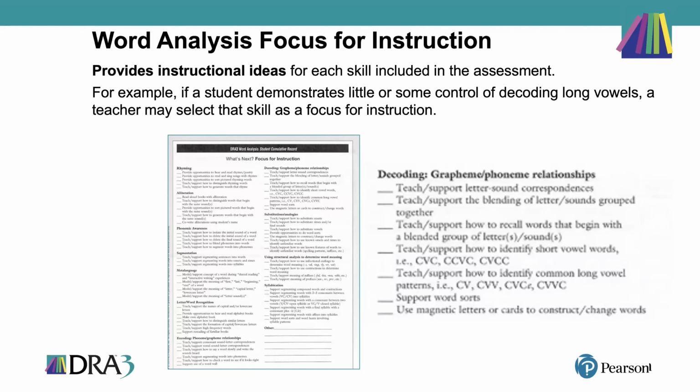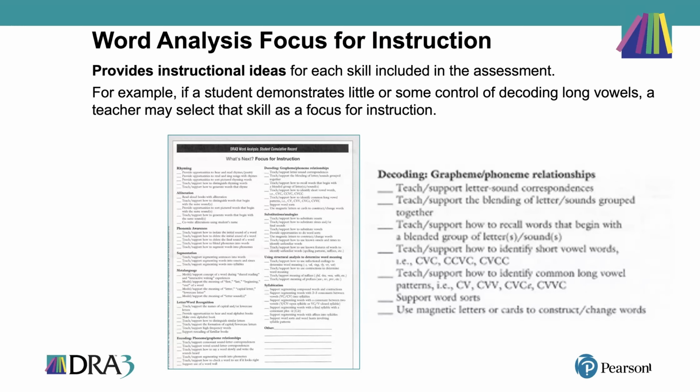Two or three experiences are not enough. It's important for teachers to teach, reteach, review, and reassess until the student demonstrates control of the various word analysis tasks. At the same time, teachers should also provide students with ample text on their independent level to read.